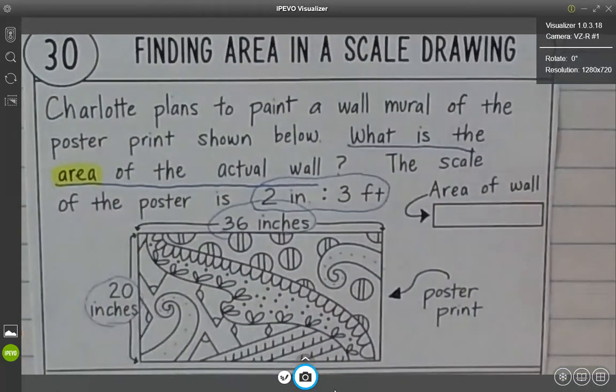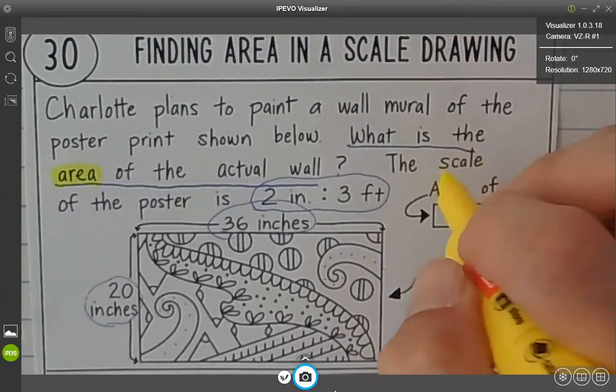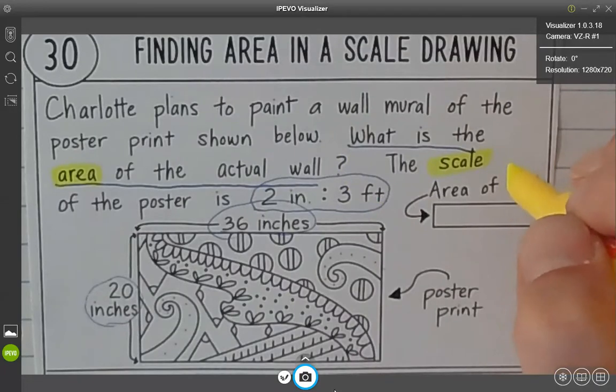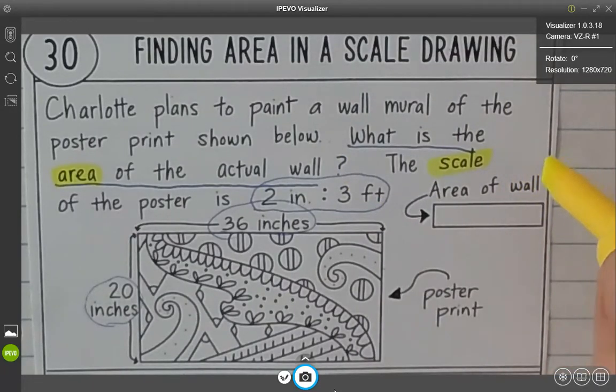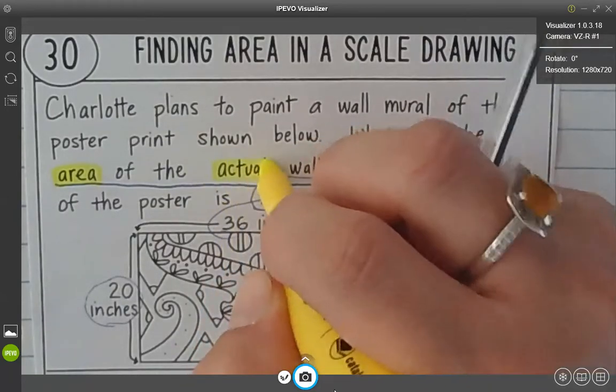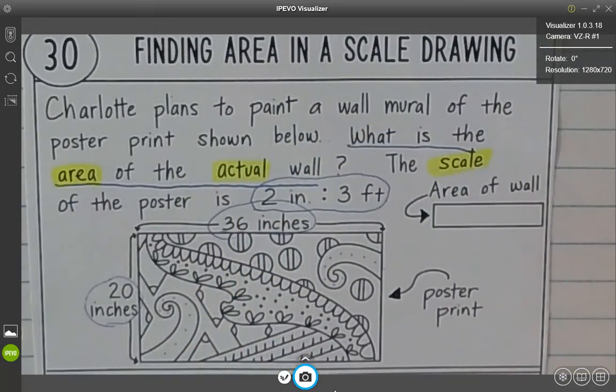Anything else? I would say the word scale, because if you see these words, area, scale, that means you're going to set up some proportions. Aiden, are you highlighting for me? And actual. Actual tells you the placement of what you're looking for. Model over actual. So it's model to the actual. Yep.